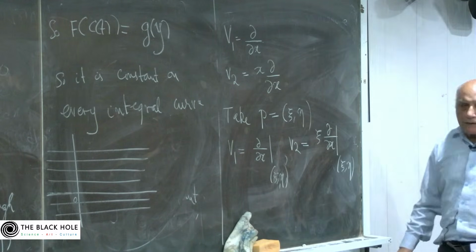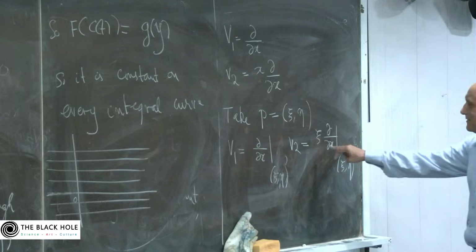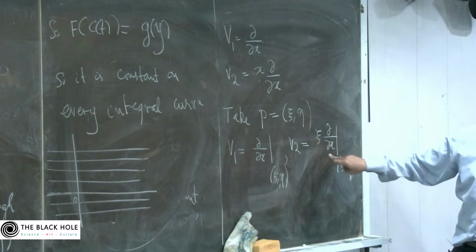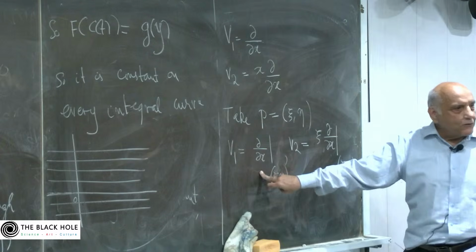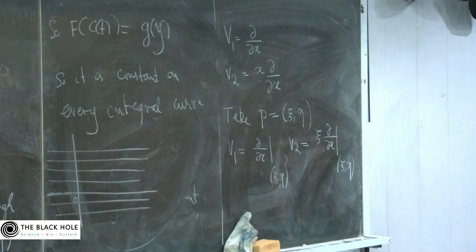Are they dependent or independent? I'm not varying xi, I'm saying at the point, this one is a multiple of this one. So at the point P, they are linearly dependent, right? And so this is true for any point, right?